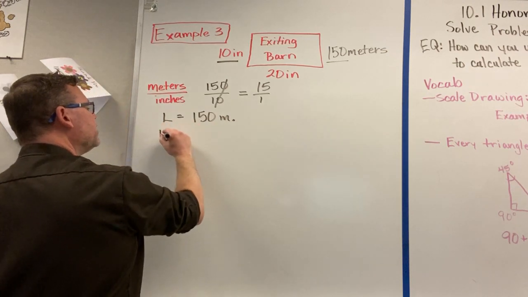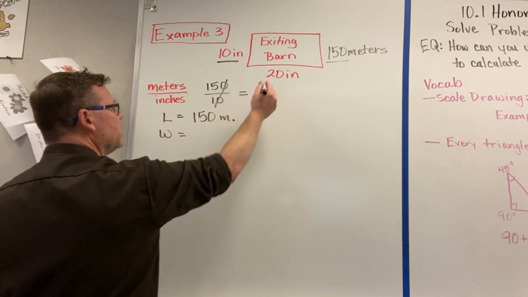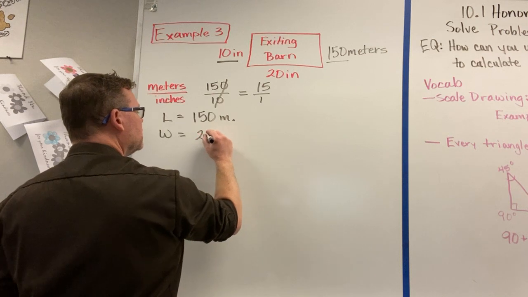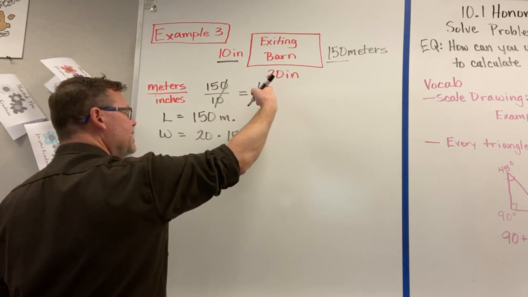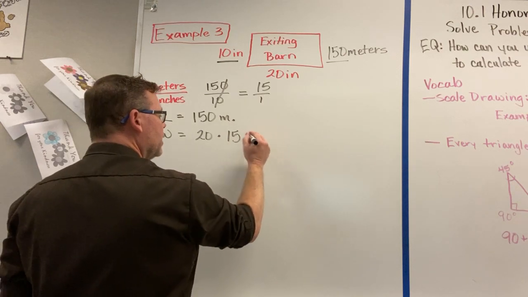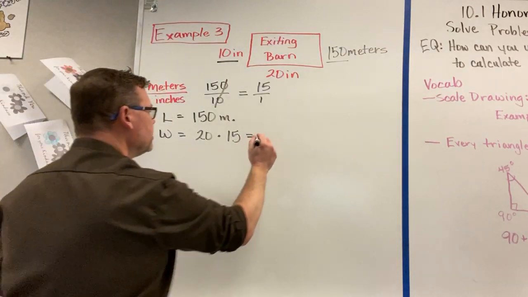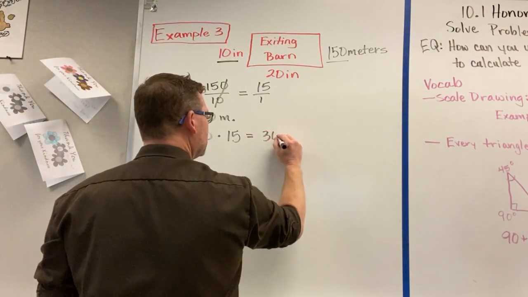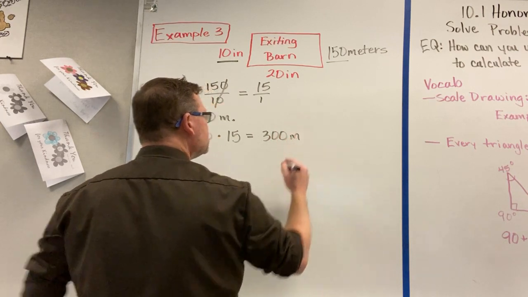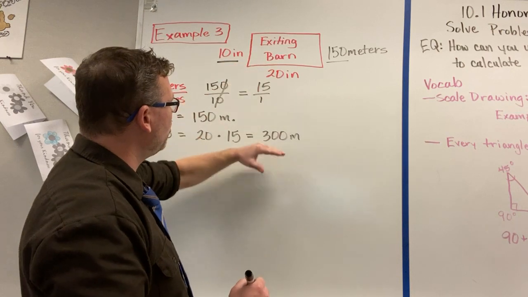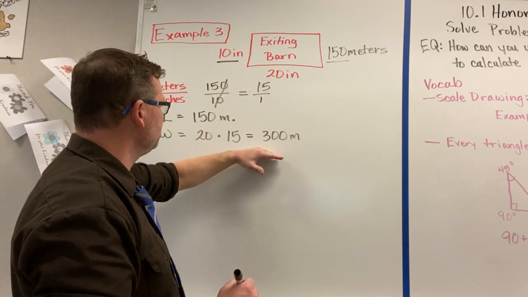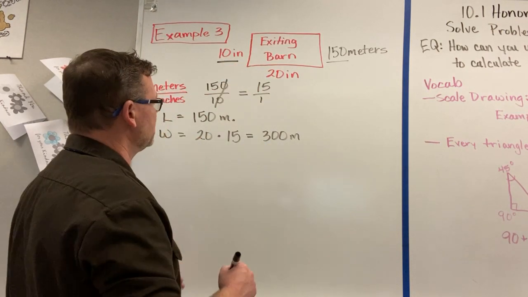So the width would then be this 20 multiplied by the 15, because we found out that there's 15 meters for every inch, and that's going to give us, we shouldn't even look at it, 300 meters. So what they're saying is the barn at this point is 150 meters by 300 meters.